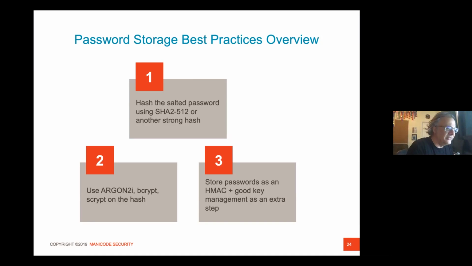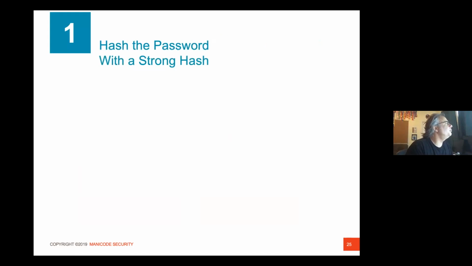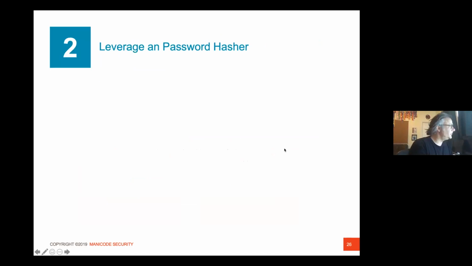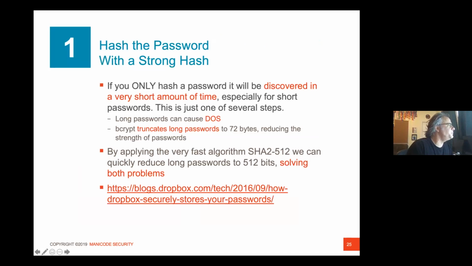So let's do this. Step 1, pre-hash the password. Here's why. If you allow a user to use a really large password, it's going to be a major performance problem. So if you take the password, bring it down to 512 bits, and then run it through the protection algorithm, regardless of the password size, you're going to get reasonable performance-based protection that still delays attackers when they're trying to brute force you locally.